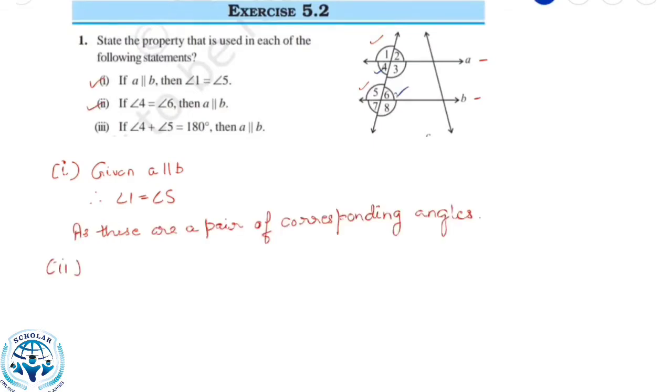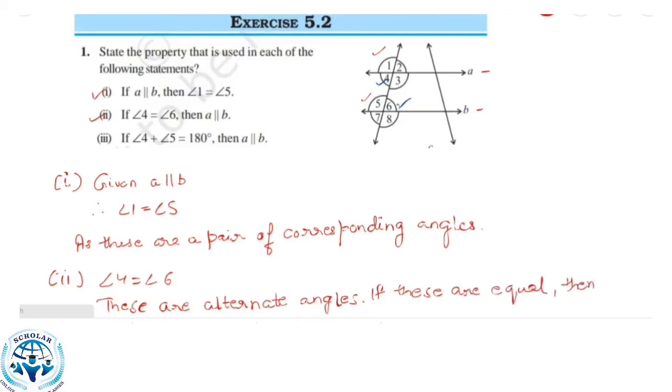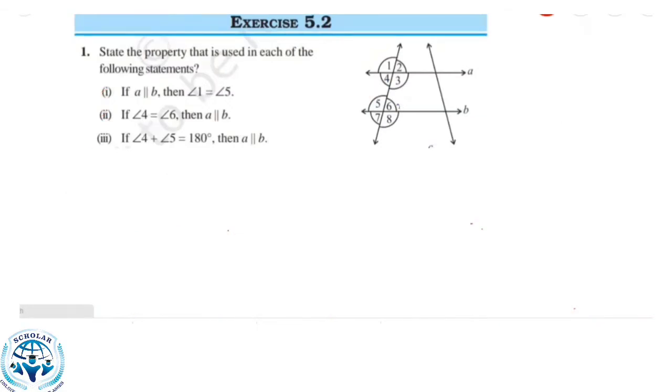In the second one, they are saying that angle 4 is equal to angle 6 and we have to make a decision whether A is parallel to B or not. So if the alternate angles are equal, then the conclusion is that the lines are parallel. If these are equal, then the lines are parallel. Third one, angle 4 plus angle 5 is equal to 180 degrees.